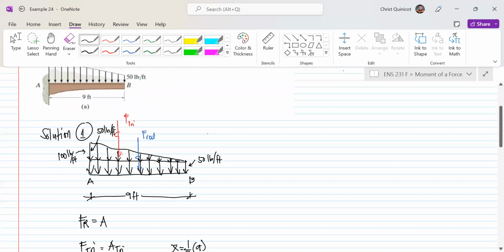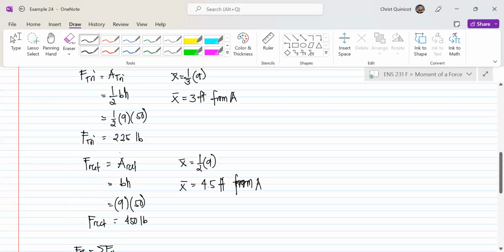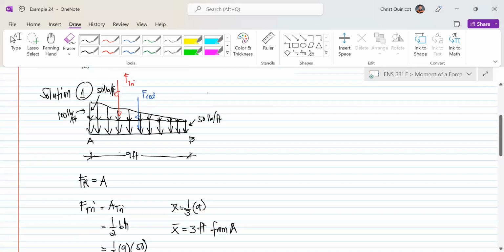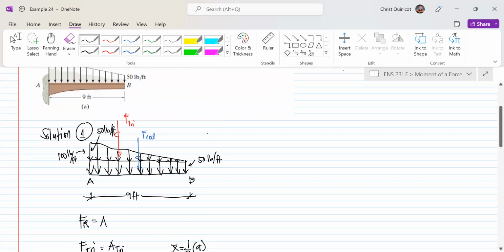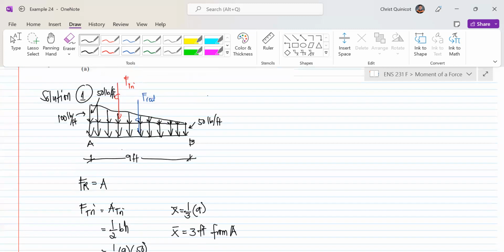we go back here. For our F try, let's just copy it. And again, the resultant force of our triangular loading and the resultant force of our rectangular loading all create a clockwise moment about point A. So therefore, both of these forces will be negative.